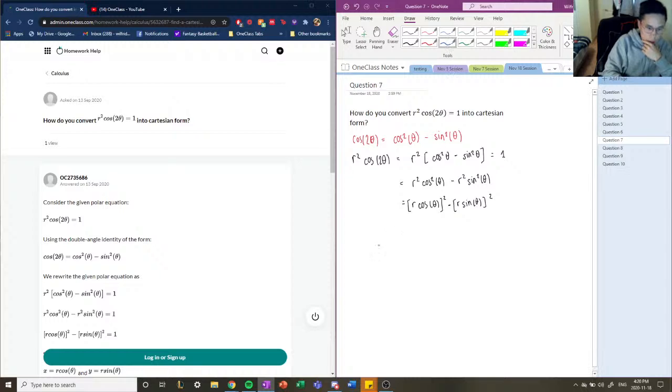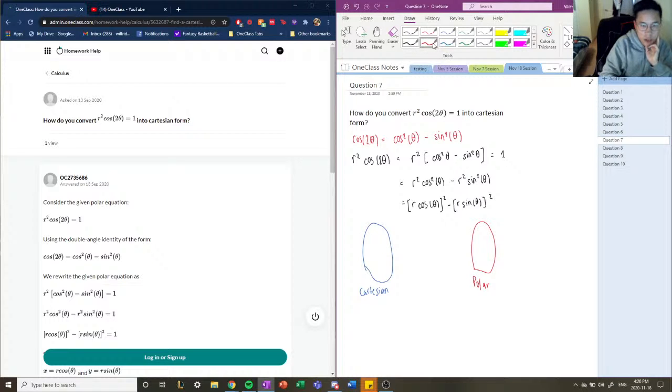So we have two different coordinate systems. This is our Cartesian, and this is our polar. The polar coordinates use the magnitude of the hypotenuse and the angle as coordinates, and the Cartesian uses x and y coordinates to graph onto our axes, right?